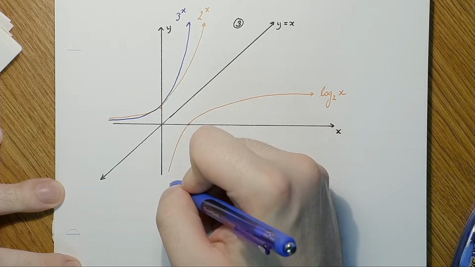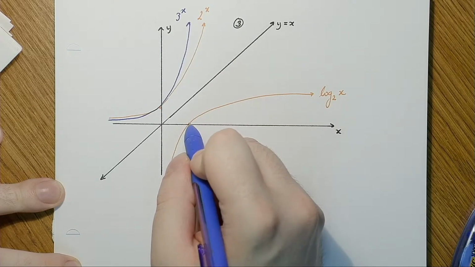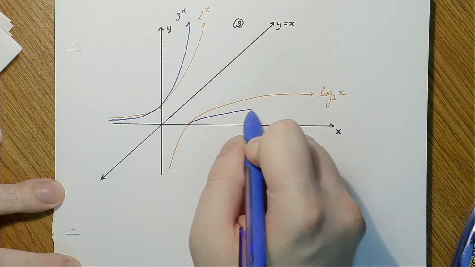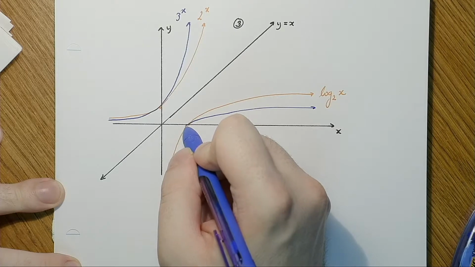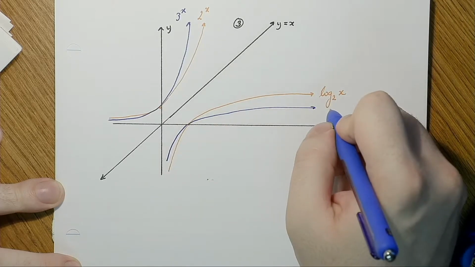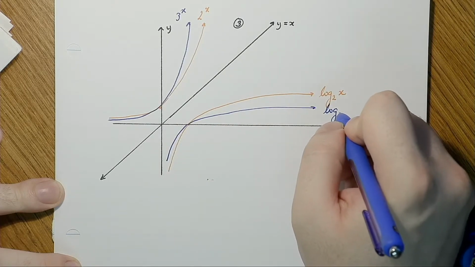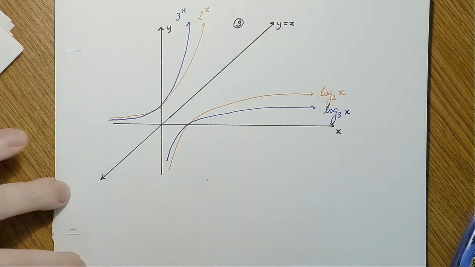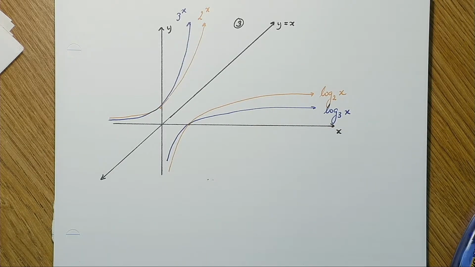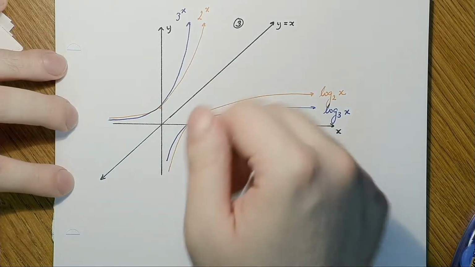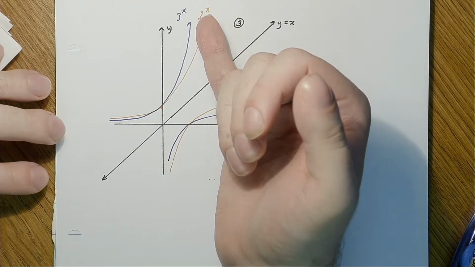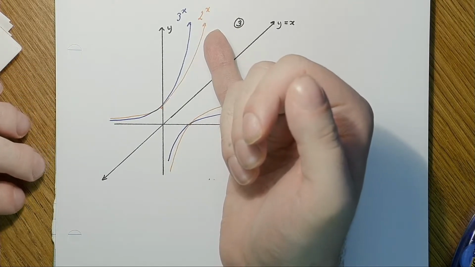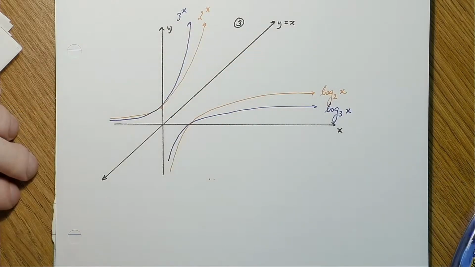And that would mean that this should grow slower then. So in this case, if I had a larger base for the exponential function, say 3 to the x, I would expect the log to be growing slower than, say, the one for 2 to the x.